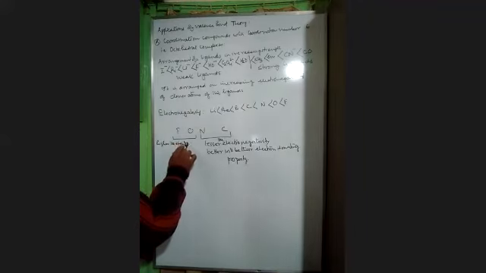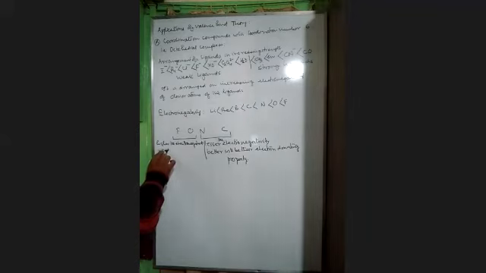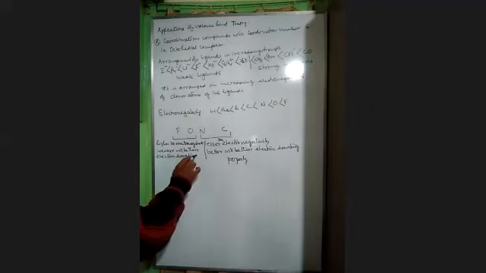So the higher the electronegativity, weaker will be their electron donating tendency.